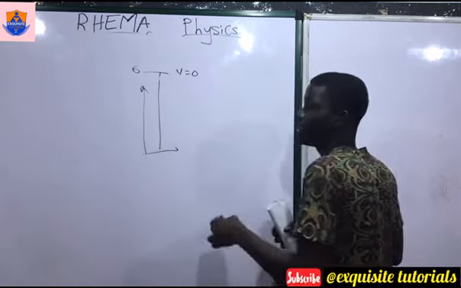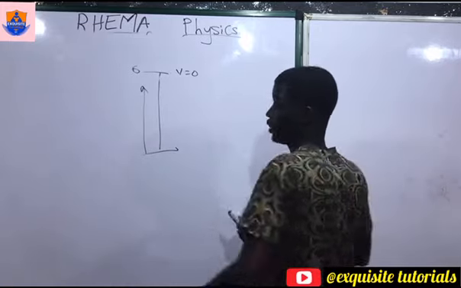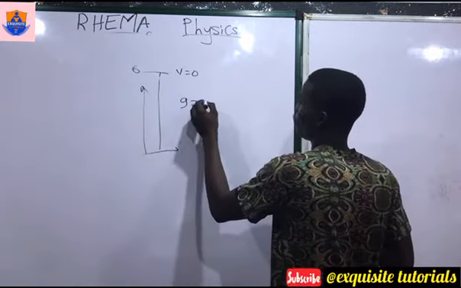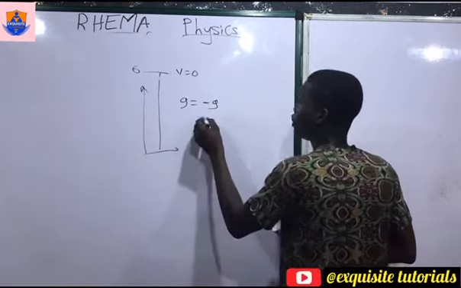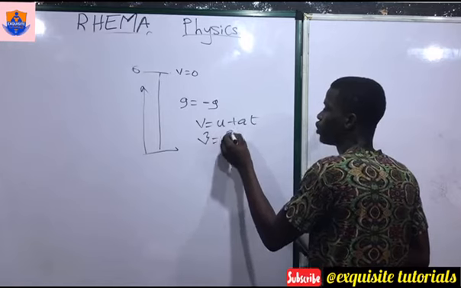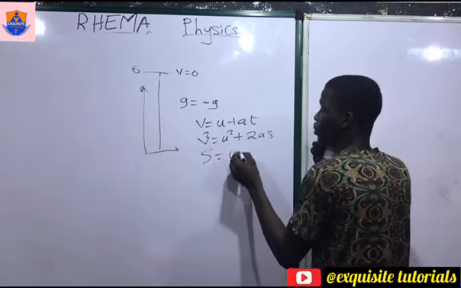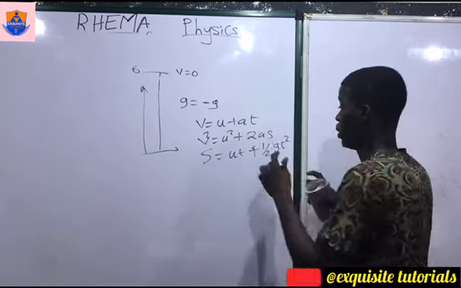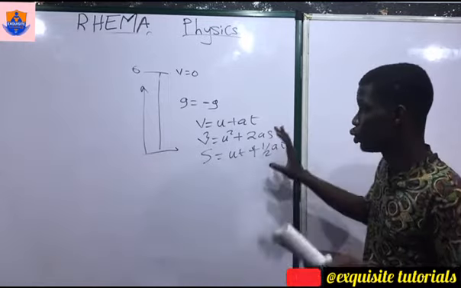And take note, whenever an object is going upward, it's moving against gravity. So our value for gravity is always minus g. So our equations of motion, the normal equations, V is equal to U plus at, V squared is equal to U squared plus 2aX, and S is equal to Ut plus half at squared.